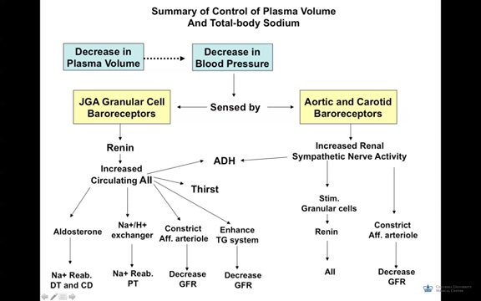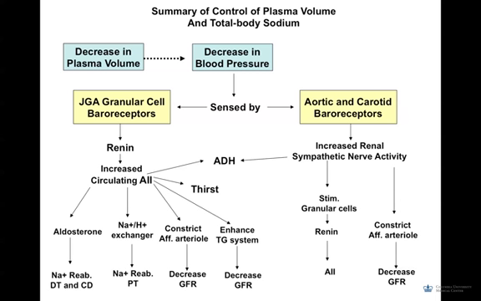And finally, but not minimally, angiotensin II is also a potent vasoconstrictor of systemic arteries and arterioles, which is going to help increase blood pressure. So it's this system that's responsible for the long-term control of plasma volume and therefore the long-term control of blood pressure.